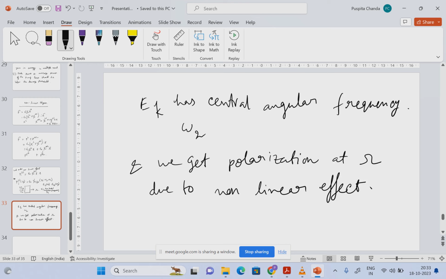Remember that all the effects took place in the medium at the same time. Linear effect, second order non-linear effect, third order non-linear effect, and so on.